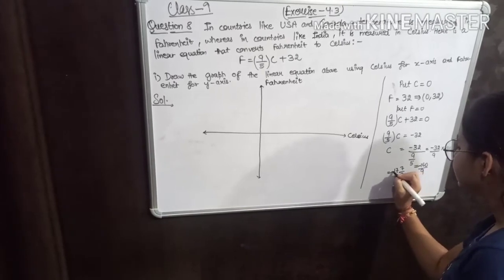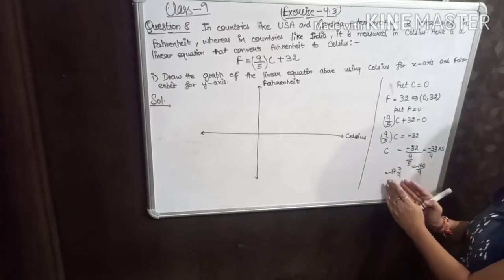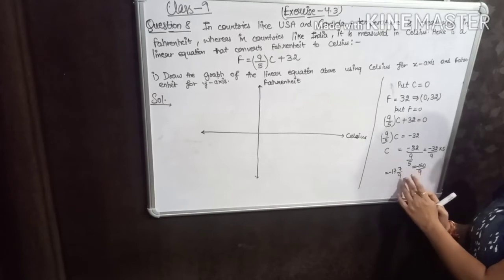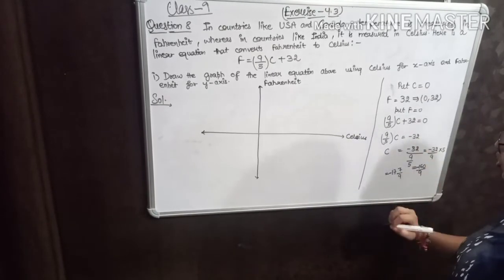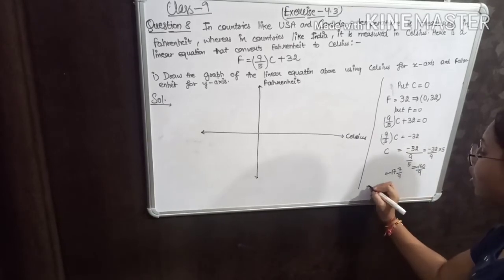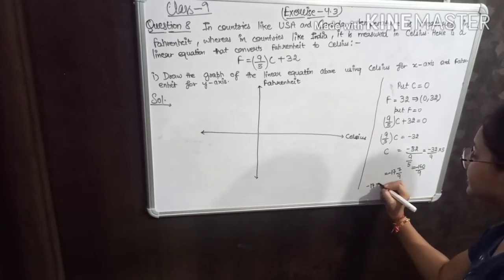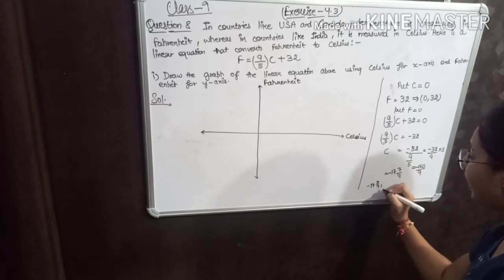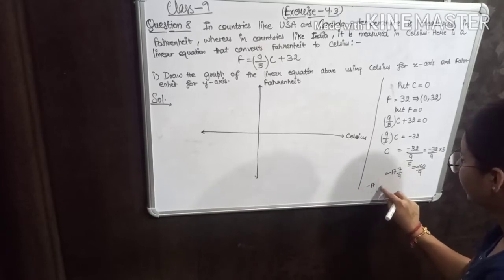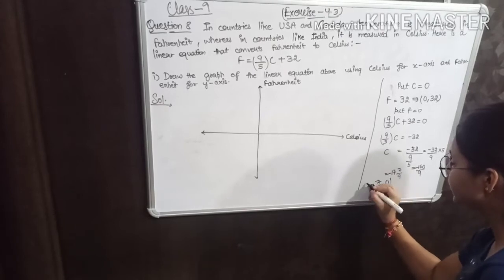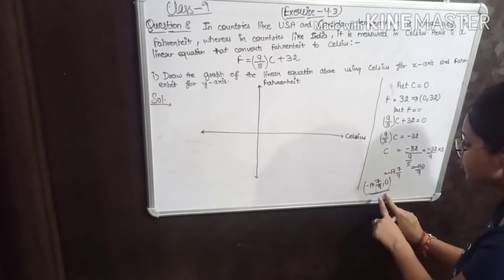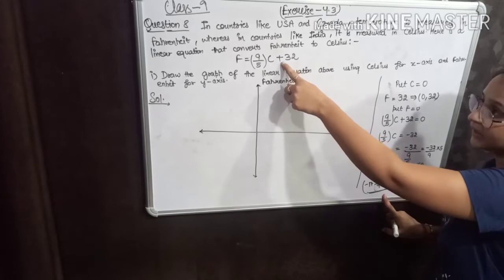It means 17 point something, 17.7 approximately. So you can write the next solution as C is equal to minus 17 7 by 9 comma F is equal to 0. This is the another solution that will satisfy the given equation.